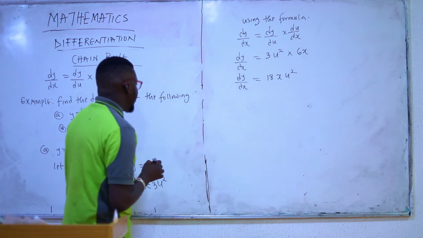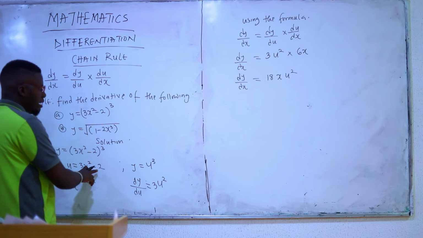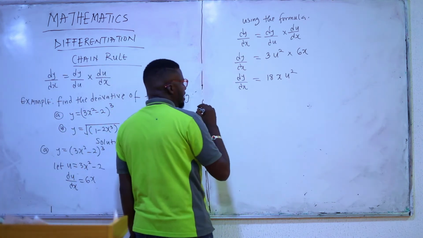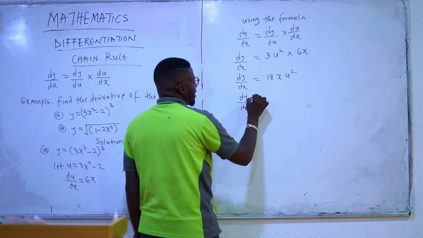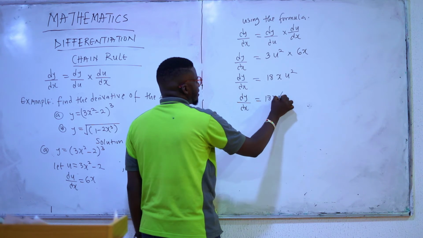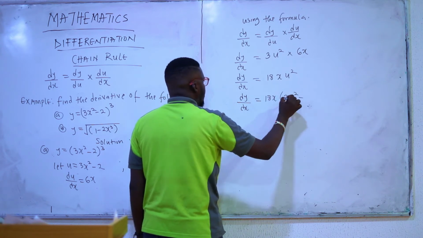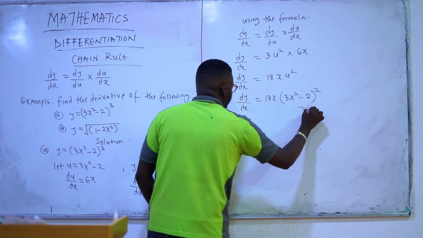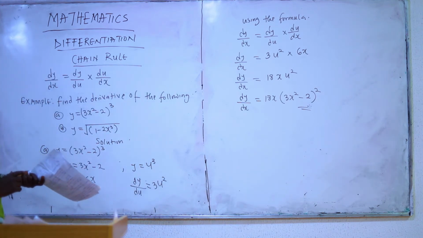Remember I said let my u be equal to 3x squared minus 2, so I'm going to substitute it back here. I'll have dy over dx is equal to 18x, bracket 3x squared minus 2, then all squared. So this is my final answer, and with this I'm done with the first example.